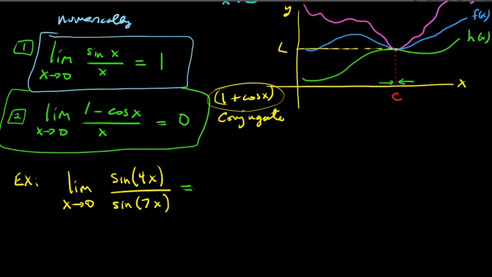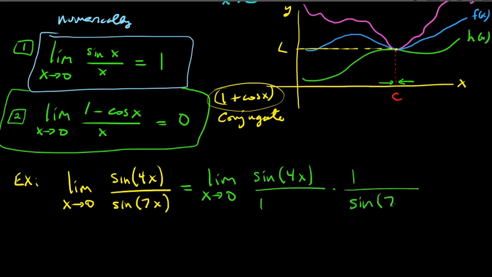So what does work is the following. I'm going to split this apart and write it as the sine of 4x divided by 1 times 1 divided by the sine of 7x. If you multiply these two fractions, you just get this again. Now notice there's a blank down here. There's a 1, of course, but what I need is the same angle in the numerator as in the denominator.